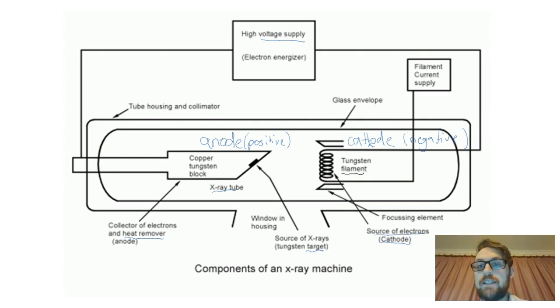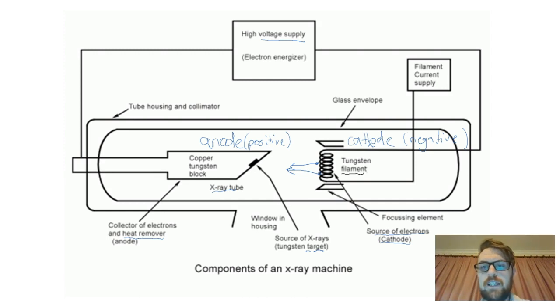When we heat this cathode up, electrons are emitted, or they can kind of leak out. We heat this filament up really hot, and it's also negatively charged. Our positive charge is so large that it can pull these electrons out and towards it. So this is the anode and the cathode and the high voltage supply.